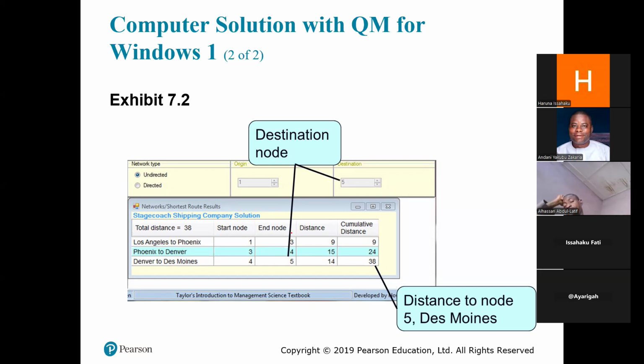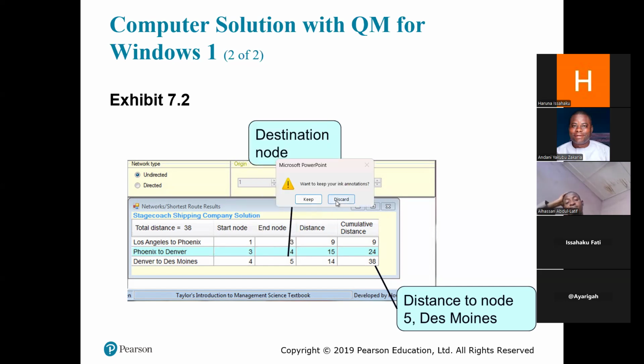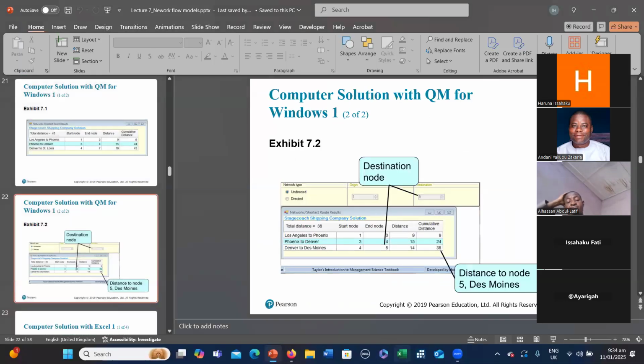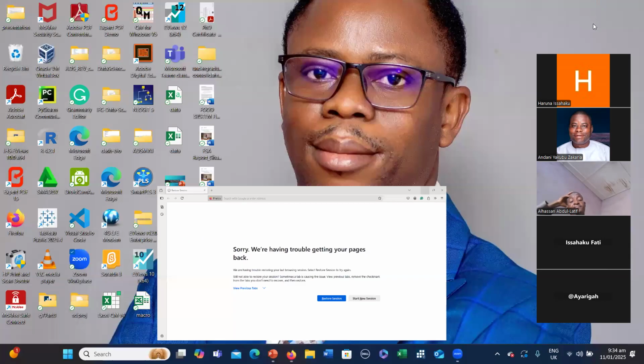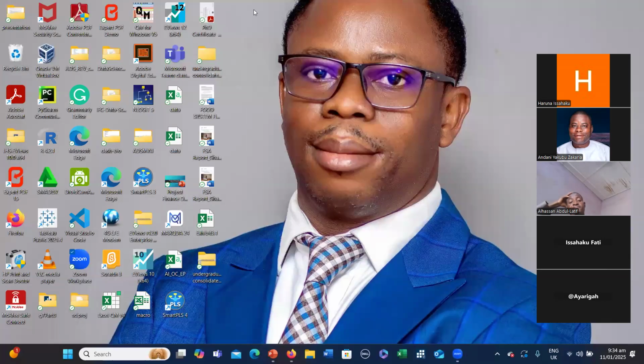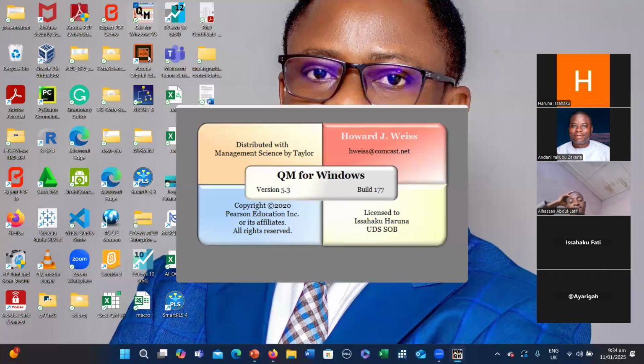You have to tell it the destination and then the origin, and it will be provided. So I shared with you yesterday, with your own, at your personal level, you can also attempt to solve it.